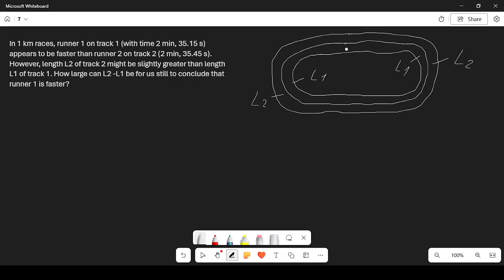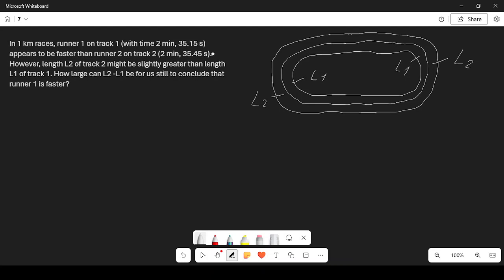Runner 1 runs on this track 1, and runner 2 on this outer track, and the length of the outer track could be a little more than the length of track number 1. As a result, runner 2 should run a longer distance, and as we can see, runner number 2 has a bigger time.